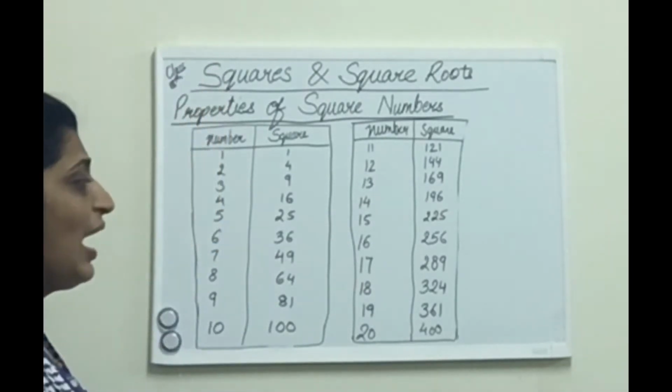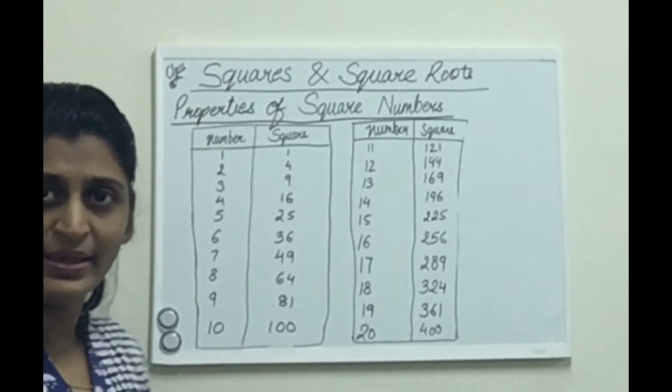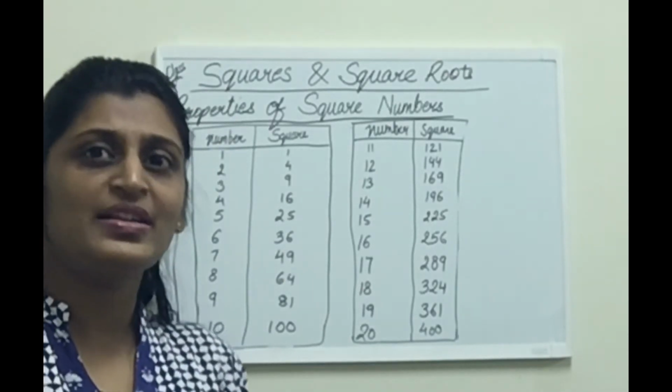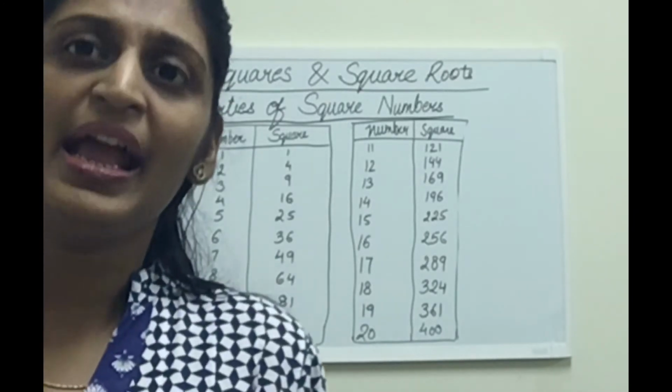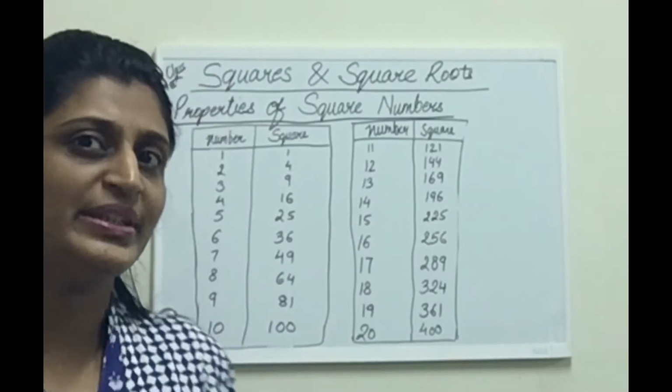So, I hope that by next time when we meet in the next video, you will all go through the squares of 1 to 20 and will definitely memorize all these square numbers.